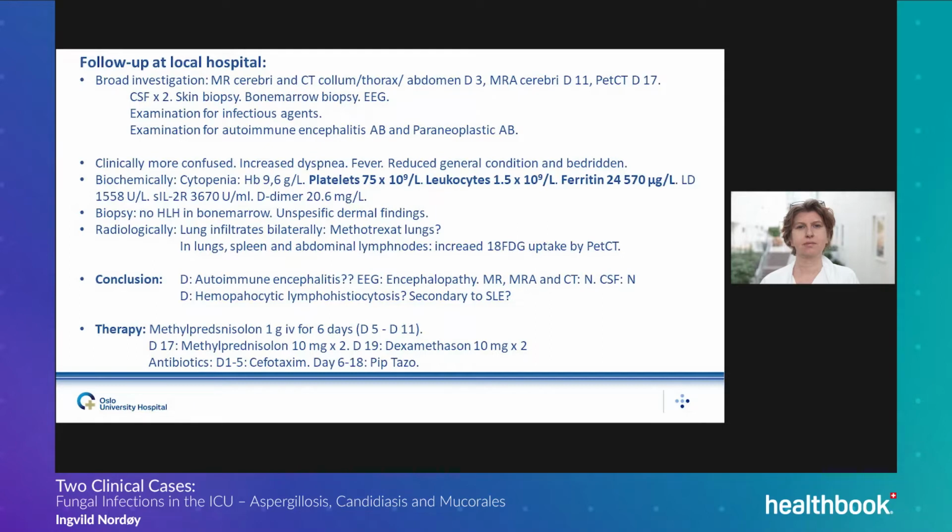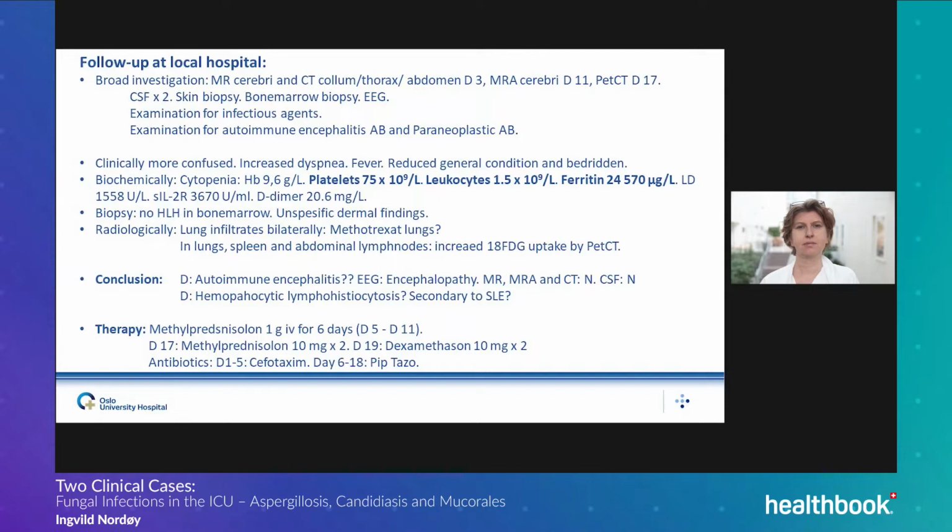Clinically, she grew more confused, irritable, with increased dyspnea. She got a fever, and she really had a general failure of her condition and became bedridden. And then the cytopenias came in, with platelets down to 75, leukocytes down to 1.5. The ferritin levels rose to almost 25,000.